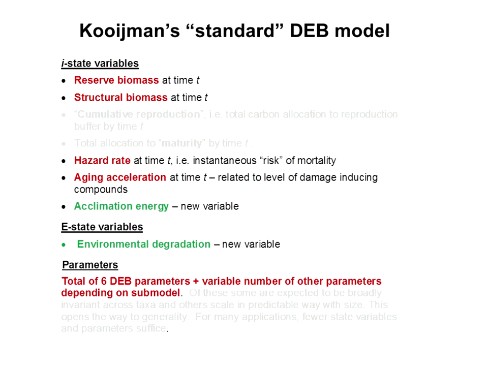And then we used a standard model with the two extra variables that I'm showing here, acclimation energy and this measure of environmental degradation. And that gave us a model with 6 DEB parameters, and then a variable number of other parameters depending on how many DEB processes we thought were potentially impacted by the cadmium.